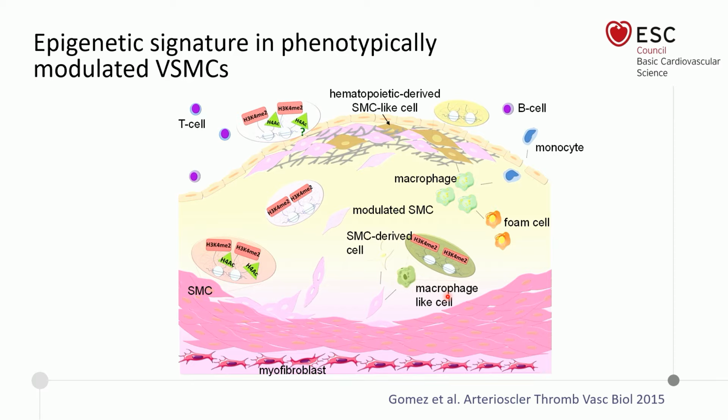And if we look at the signature of these epigenetic modifications, we can see that smooth muscle cells in normal conditions are characterized by methylation and acetylation of histone 3 and acetylation at histone 4. And during this transdifferentiation, smooth muscle cells keep the methylation, but acetylation is lost.